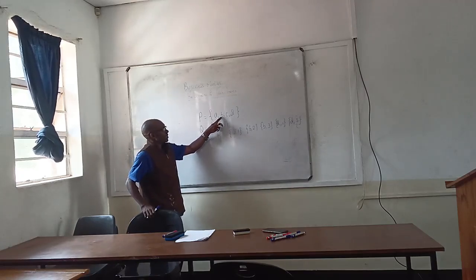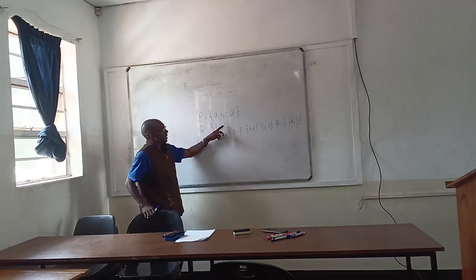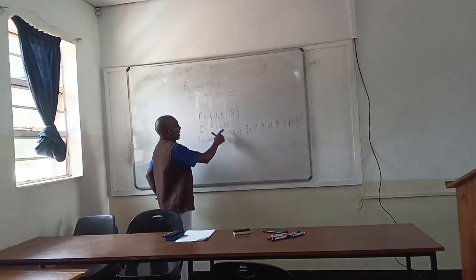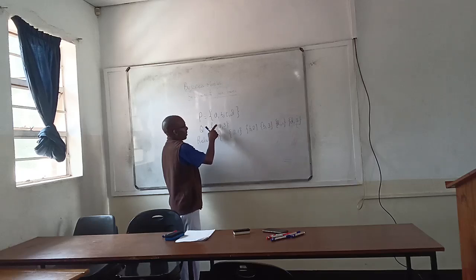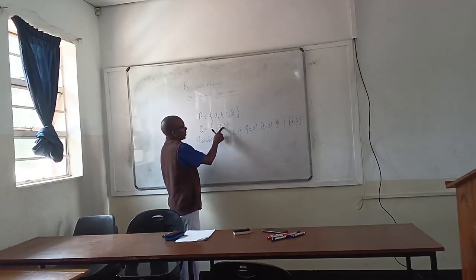So this is related to this, and 3 is related to. A is related to 1. B is related to 2. And again B is related to 3.